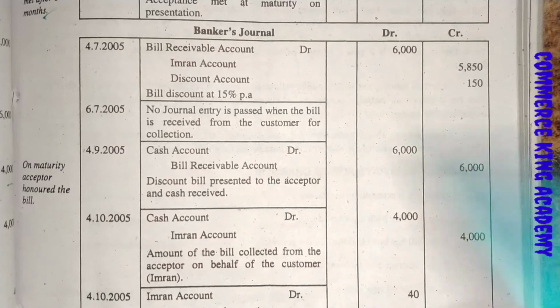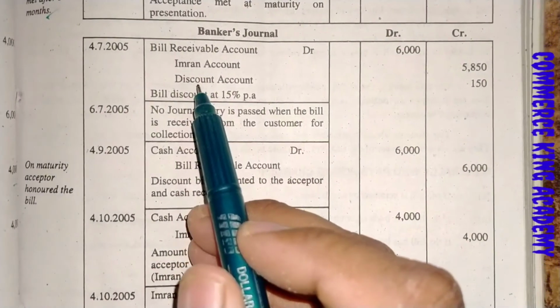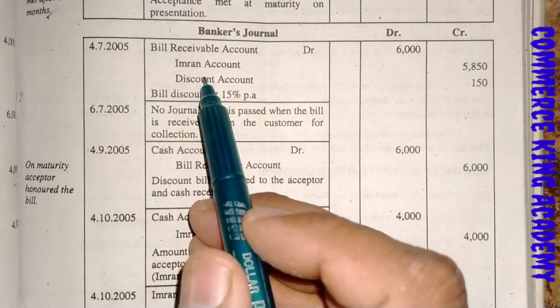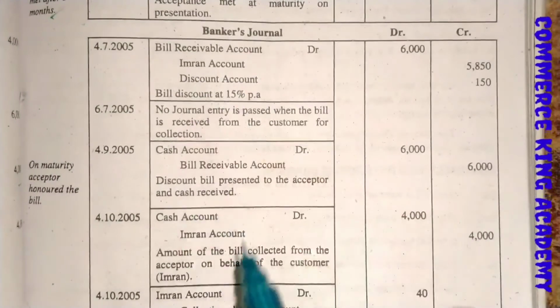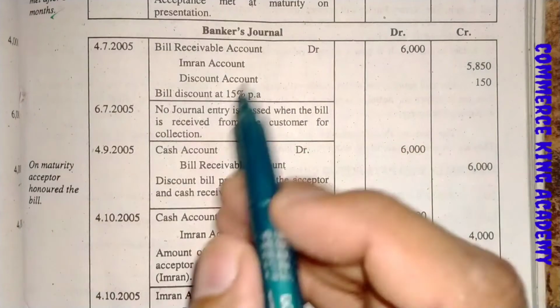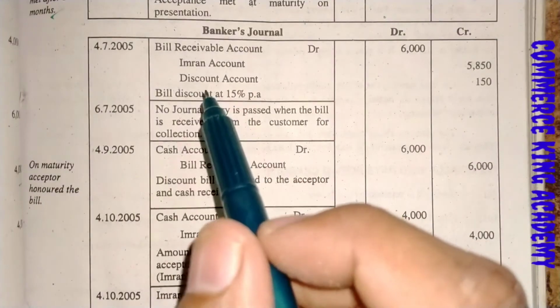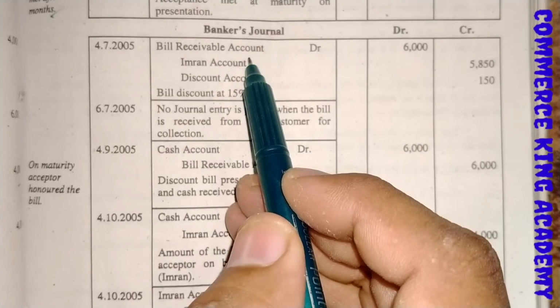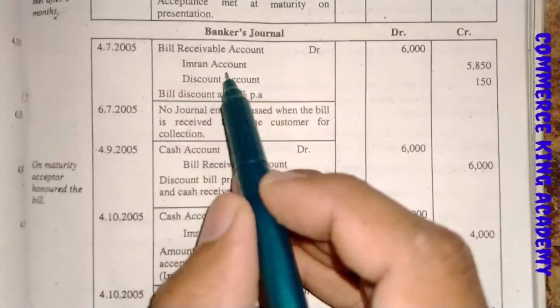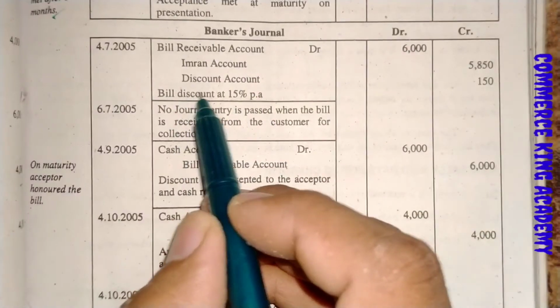when Mr. Imran, who is the holder of the bill of exchange, went to the bank to discount the bill. At the same time, the bank makes an entry in its journal: bills receivable account debit, to Imran account and to discount account credited.